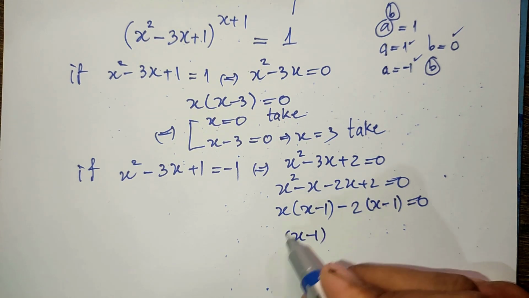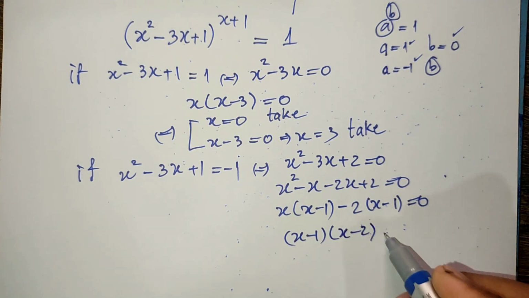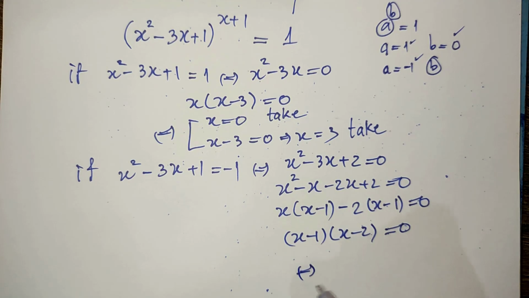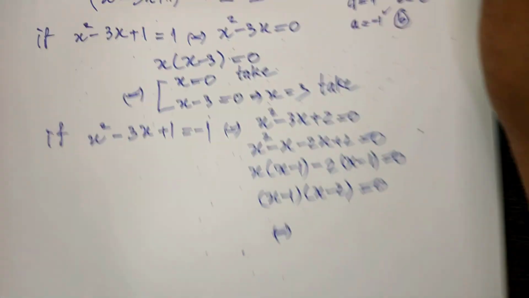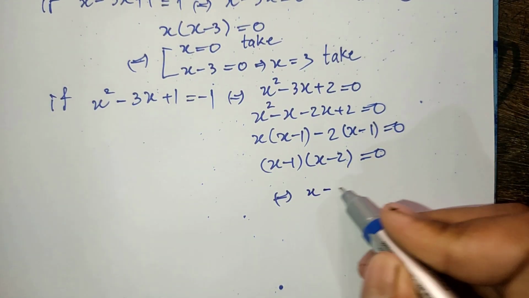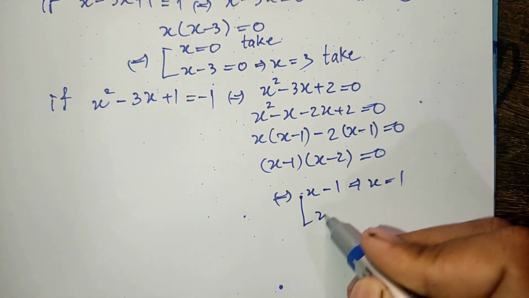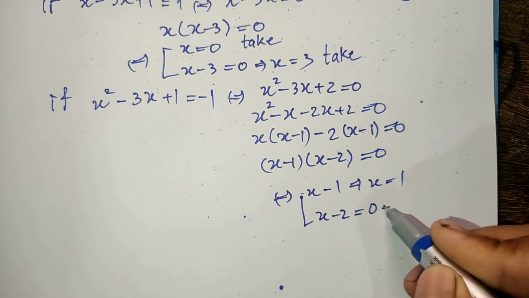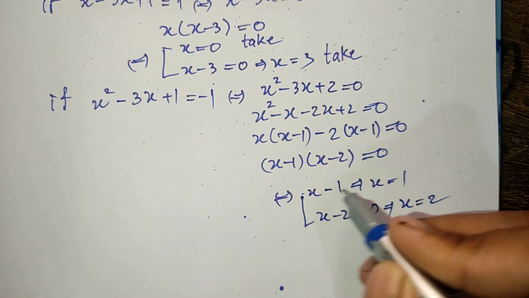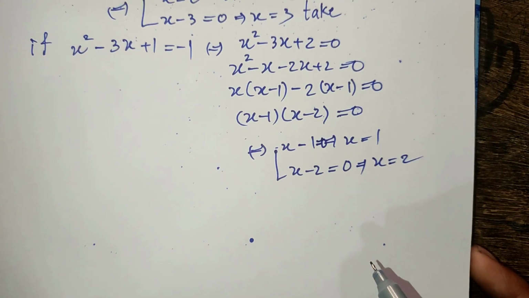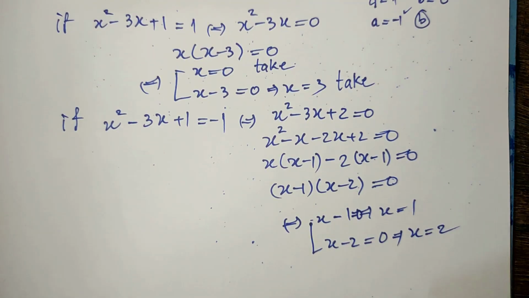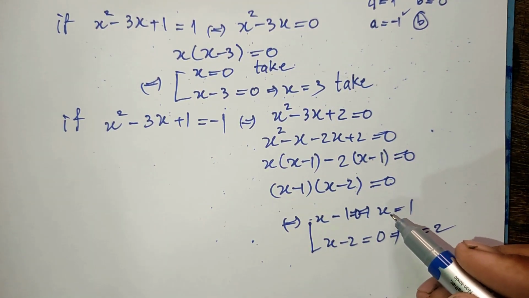We get x minus 1 multiplied by x minus 2 is equal to 0, and we get the values x minus 1 we get x equal to 1, and x minus 2 is equal to 0 and we get x equal to 2.